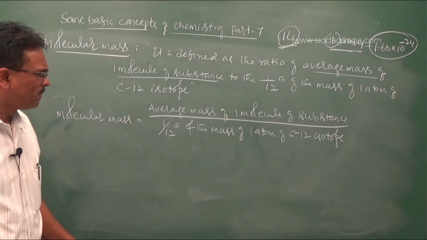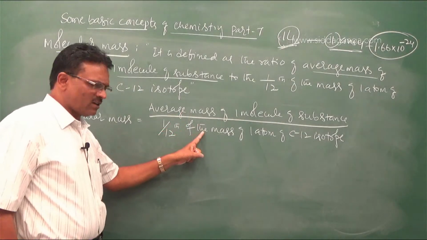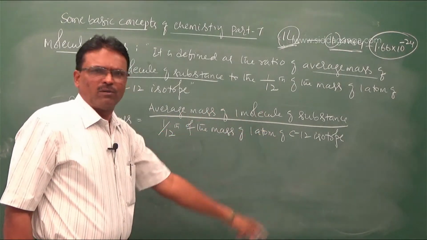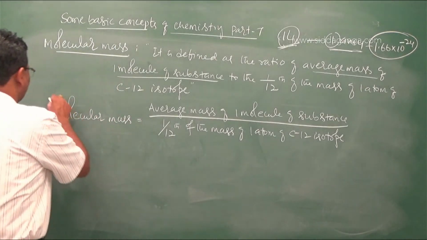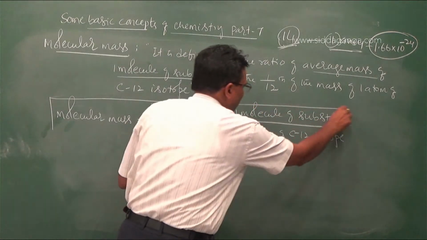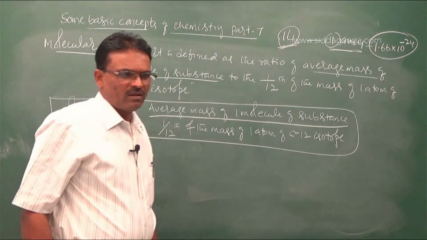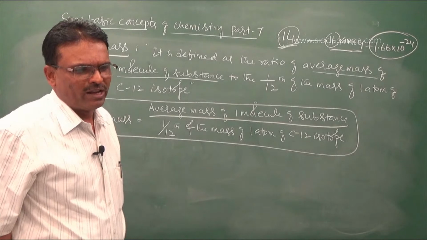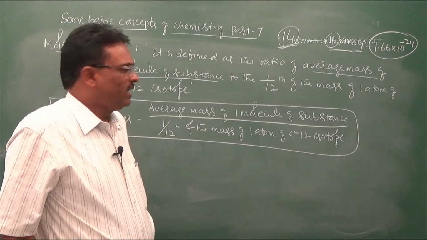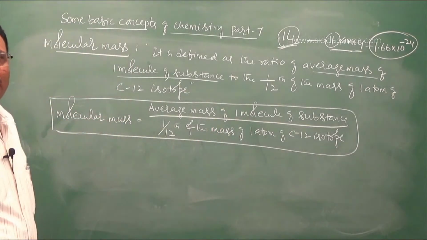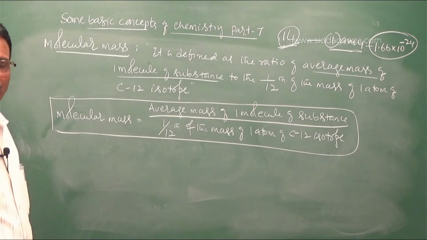Clear? So this is the molecular mass of a substance. Average mass of one molecule of substance to the 1/12 of the mass of one atom of carbon 12 isotope.